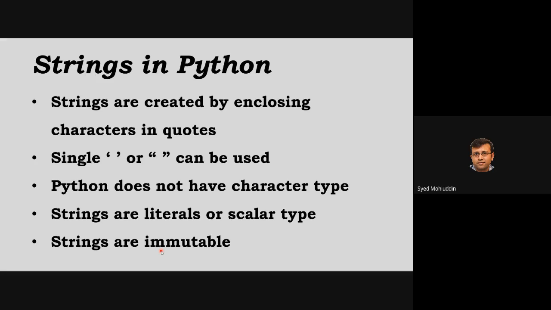I'm not using str, because strings are created using the str function. So hello becomes the value for the string s1. When we say strings are immutable, that means, now s1 contains hello as its value. Now suppose I say s1 equal to, in single or double quotes, MJCET.